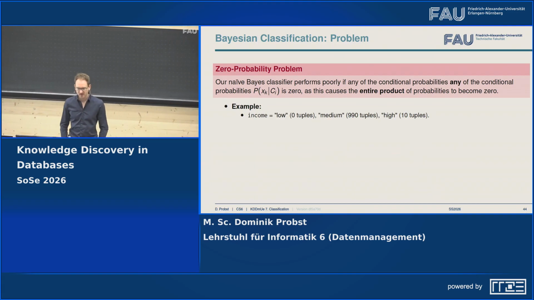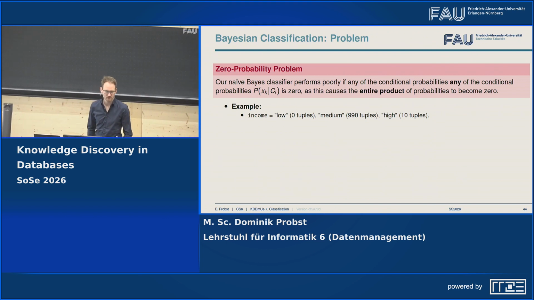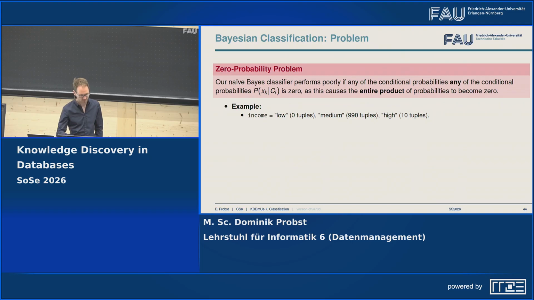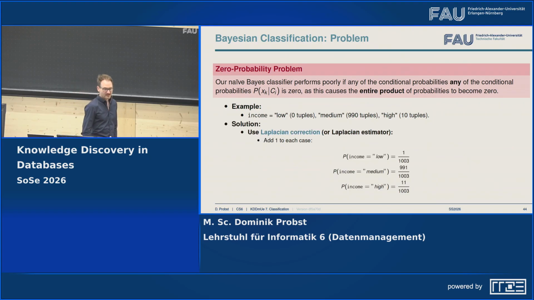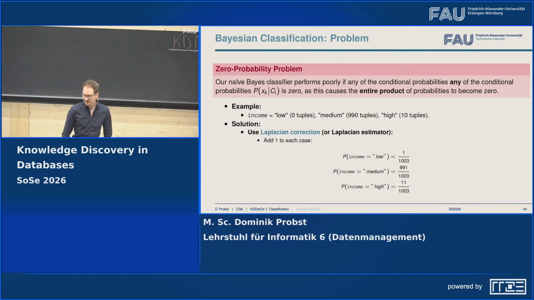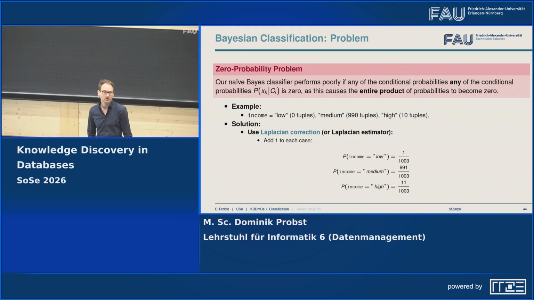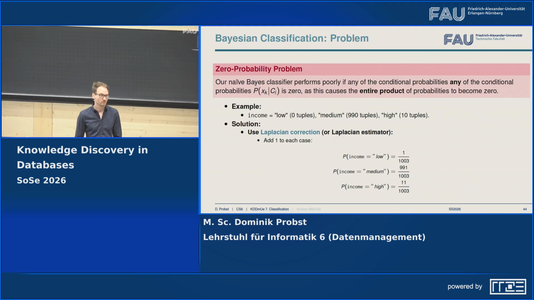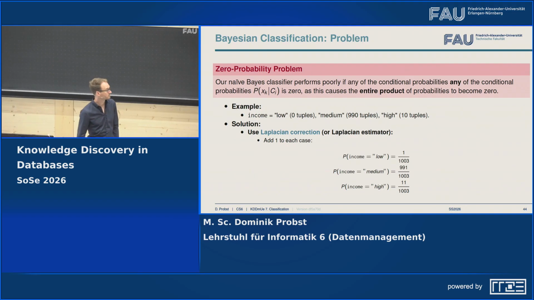For our example, let's say we have income low with 0 tuples, medium with 990 tuples, high with 10 tuples. We can use the so-called Laplacian correction, which is simply adding 1 to each case. We add 1 to each case.